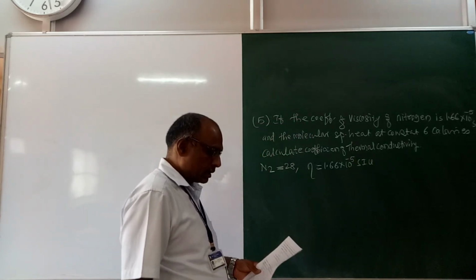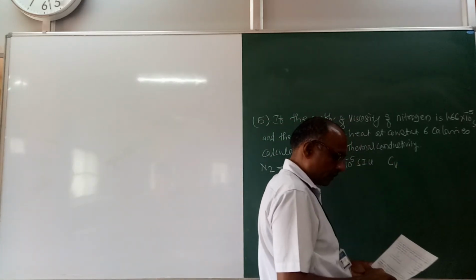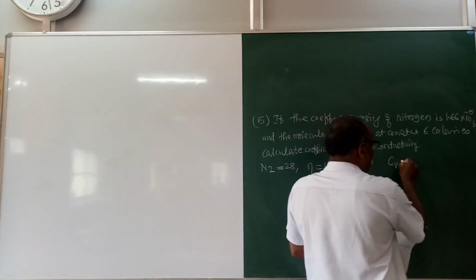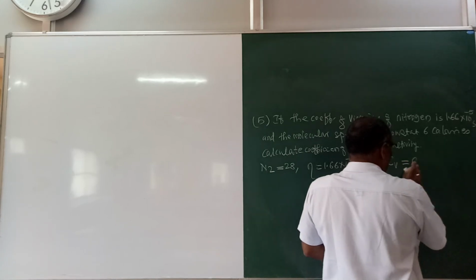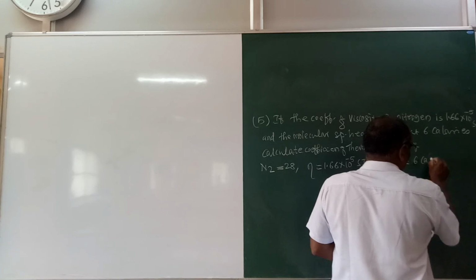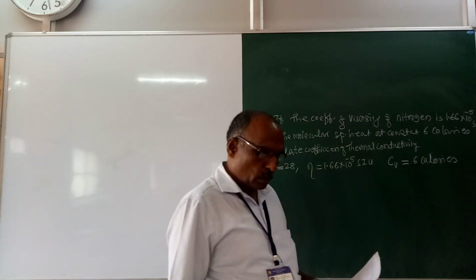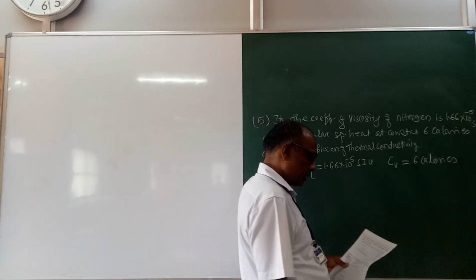CV, they may give in calories, 6 calories. It may be converted into joules per kg per Kelvin.